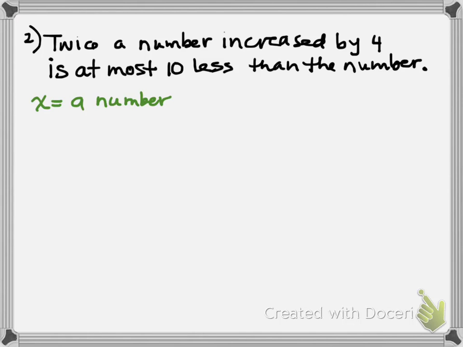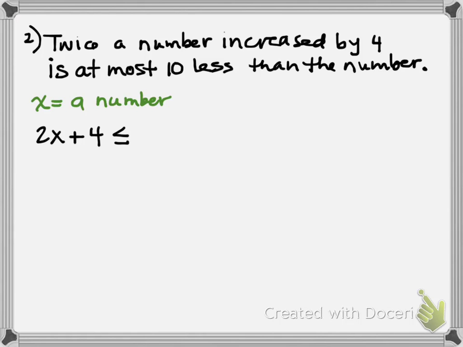Okay, so how do I write twice a number? 2x. Increased by. What's increased by mean? Plus 4. I think we all know what 4 is. At most, so is that a minimum or a maximum? Maximum. So it means I could have smaller answers.